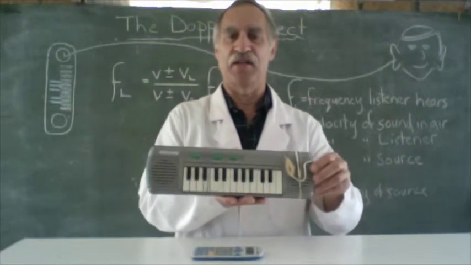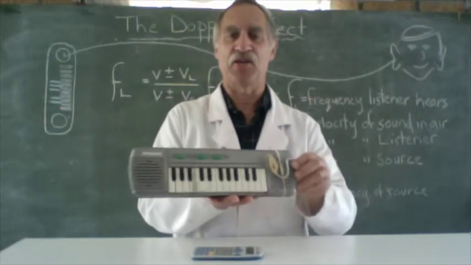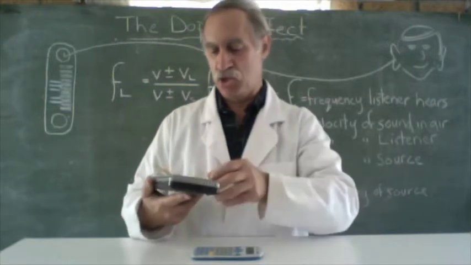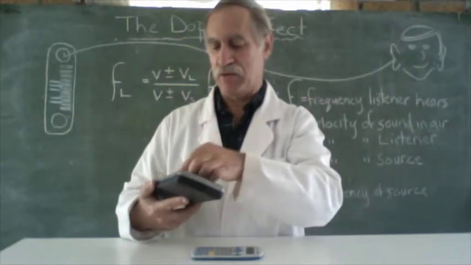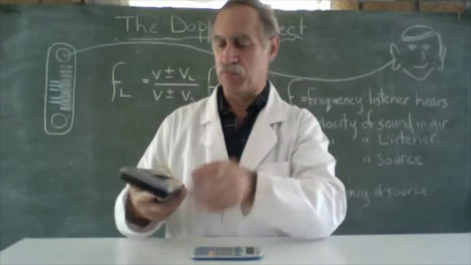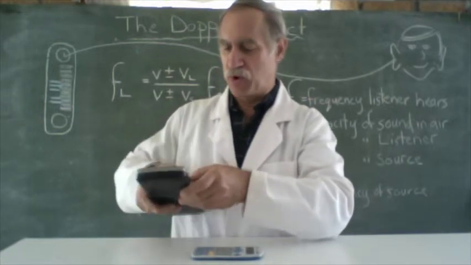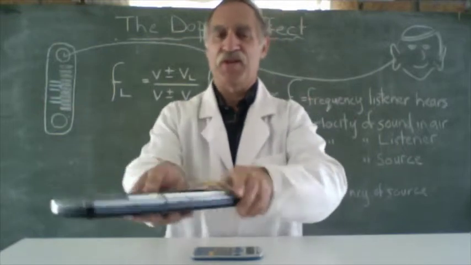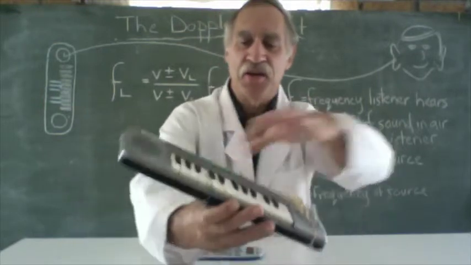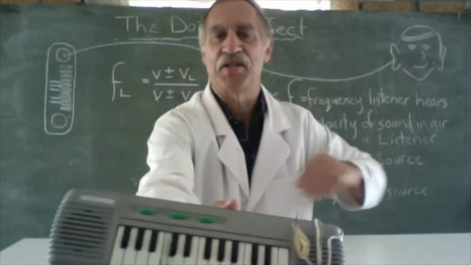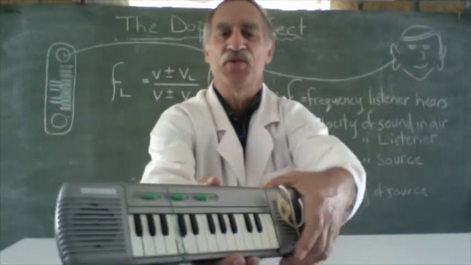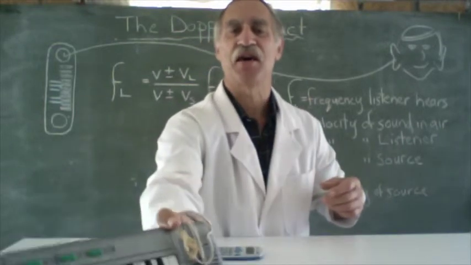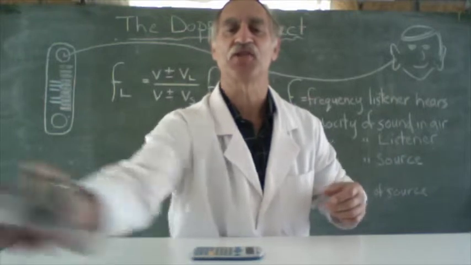Here I have a little organ, a little electronic organ. I'm going to switch it on, and I'm going to press down on middle C. So there's middle C, and it's pressed down. And I want you to listen to this organ and hear whether it changes frequency as I do this.